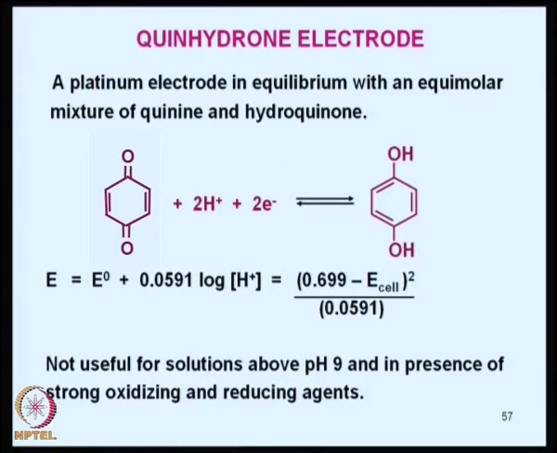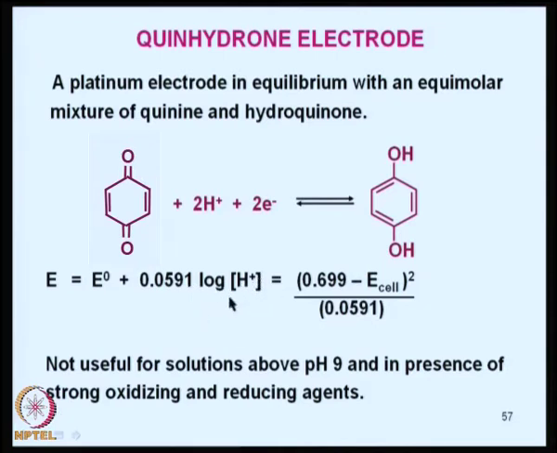In the quinhydrone electrode I have a platinum wire and it contains quinhydrone, that is 1,4 keto groups at 1,4 position, benzoquinone and quinone, and then in presence of hydrogen ions it can get reduced to OH. So, the EMF is given by E naught plus 0.0591 logarithm of H plus.